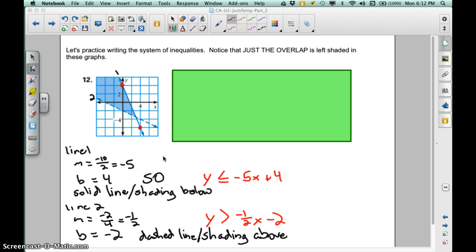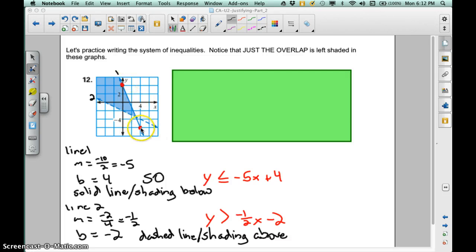So in red, you'll see my final answer. I went through a process, and you should do the same. For line 1, which I numbered as this line just for convenience, I identified my slope, m, and my y-intercept. And so I made a dot there so that I could use the y-intercept as one of my points to count slope.